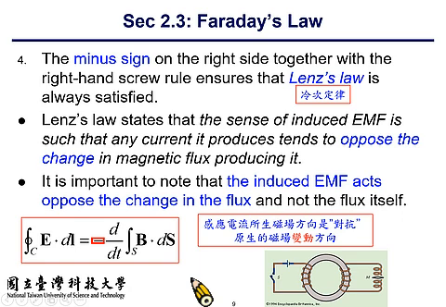The minus sign on the right-hand side, together with the right-hand screw rule, ensures that the Lenz law is always satisfied. Lenz law states that the sense of the induced EMF, such that any currents produced by the electrical potential, is to act against the change.